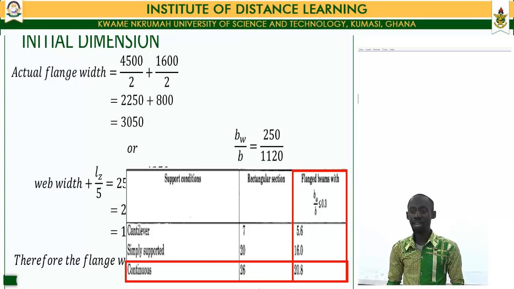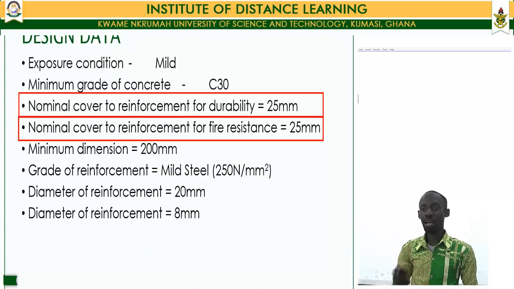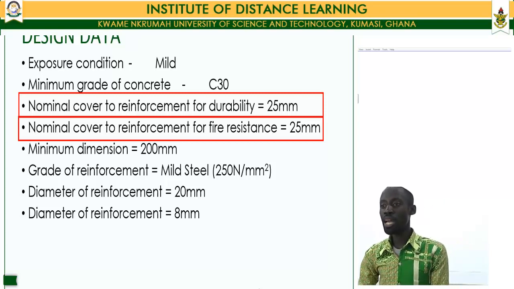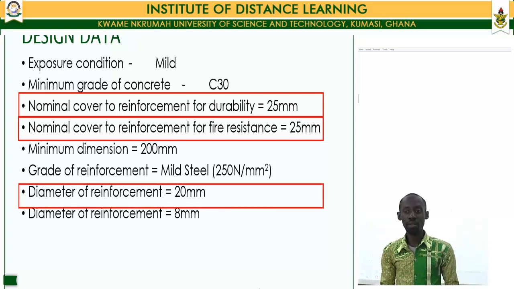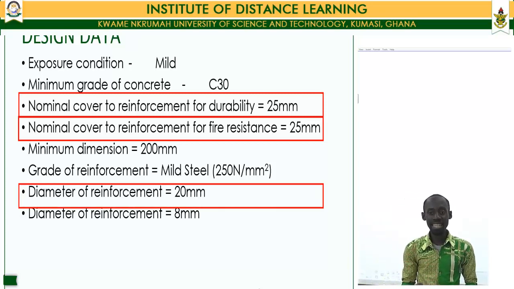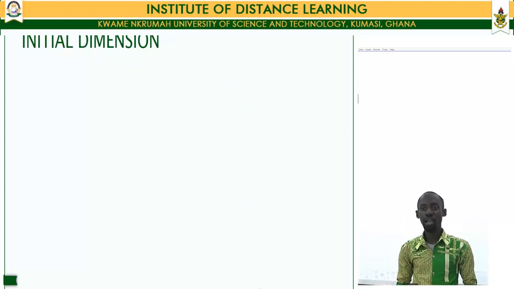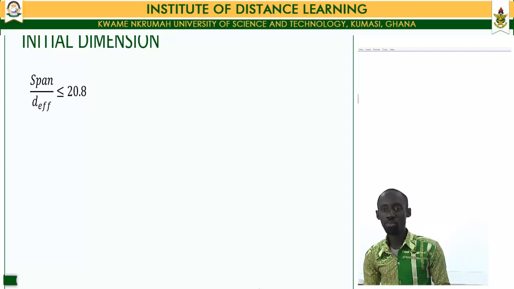Now, having identified our limiting value, we now move ahead to determine our initial dimension, bearing in mind that our nominal cover to reinforcement is 25 mm, the diameter of our reinforcement is 20 mm, and the diameter of our links is 8 mm. So then moving forward, our span to depth is supposed to be less than or equal to 20.8.